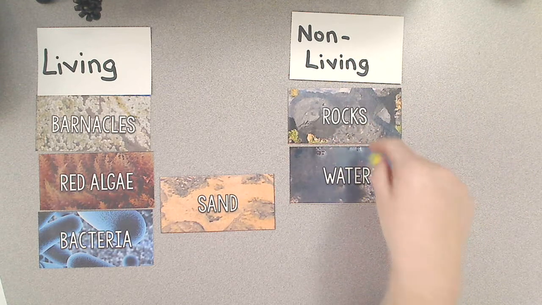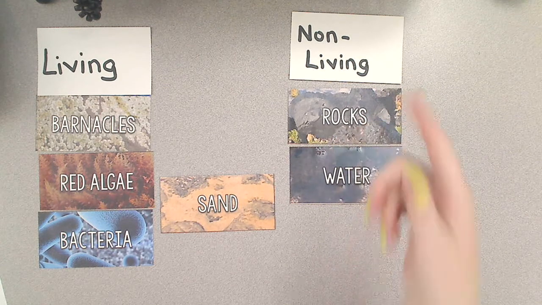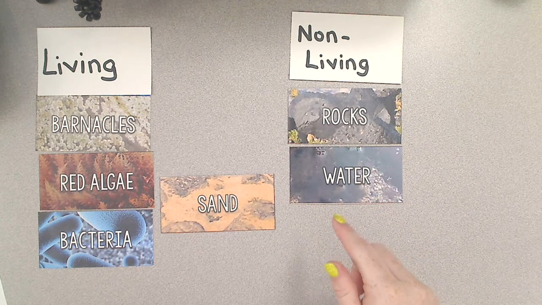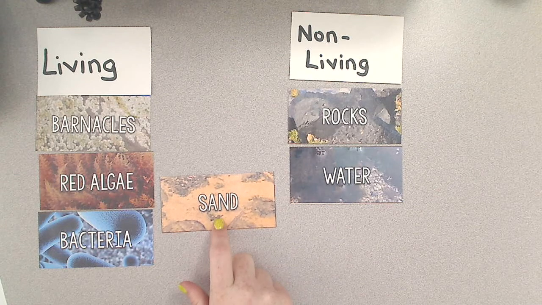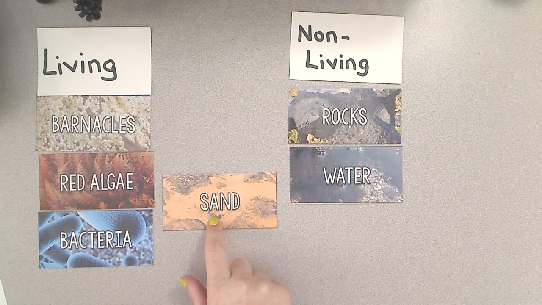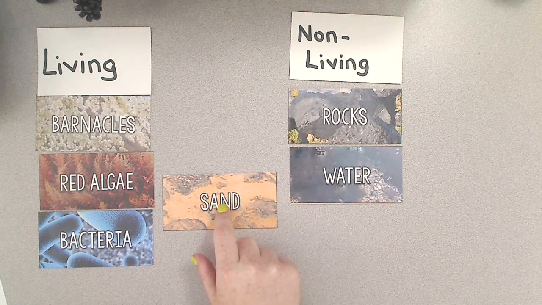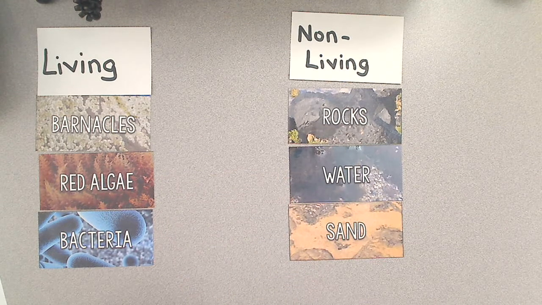And then over time, that rock that was originally big gets broken and broken through weathering. It gets taken away through erosion and then ends up on our beaches as sand. So since sand is essentially a very tiny rock that has been weathered over time, it is non-living.